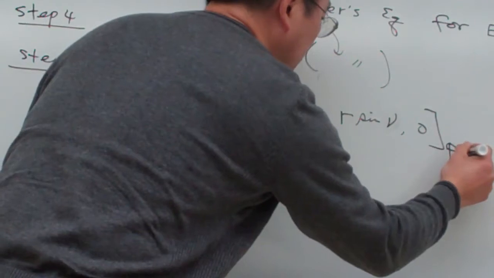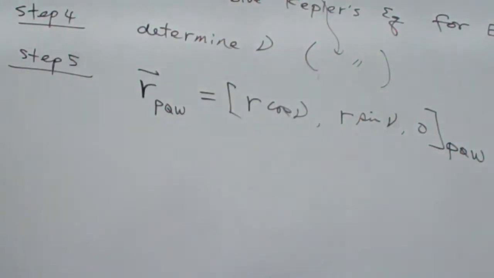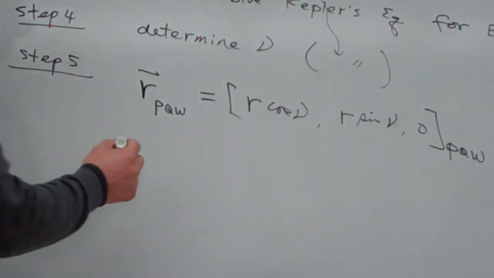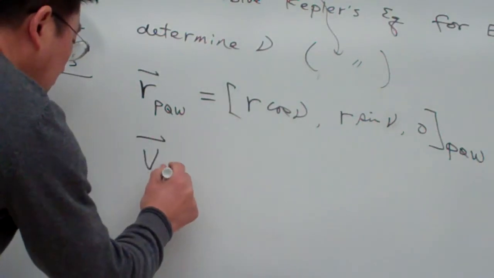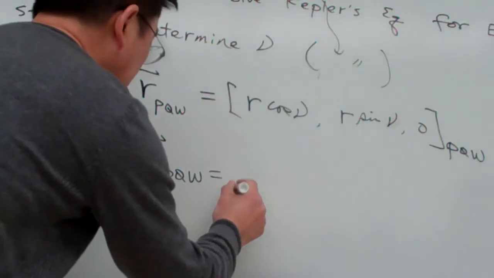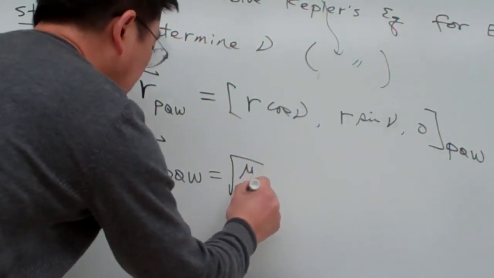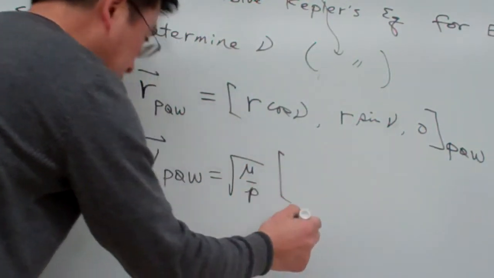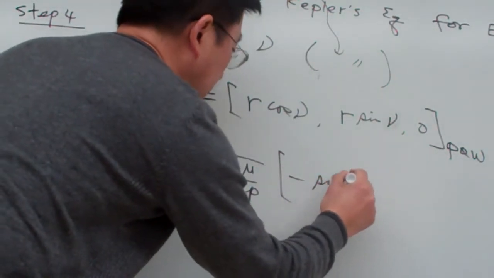Again, this is on our cheat sheet. Hopefully you still have that cheat sheet, and let me write it out for you here. And V in PQW, on our cheat sheet we have these equations: square root of mu over P, times minus sine mu.